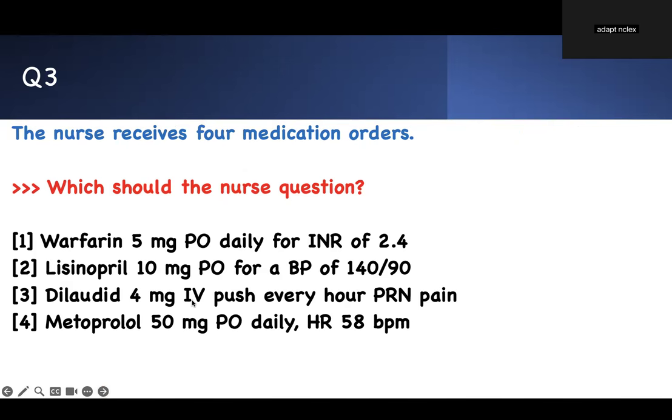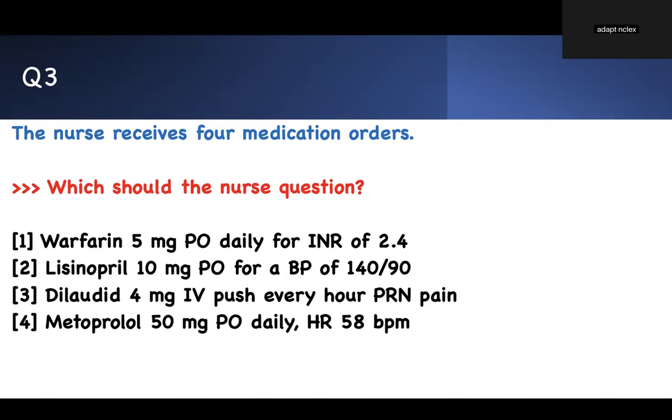And then the next question: you receive 4 medication orders. Which one do you question? That means wrong medication, wrong prescription order, wrong route, or wrong dose, or there's a contraindication. Warfarin 5 milligram PO daily, and the patient's INR is 2.5.